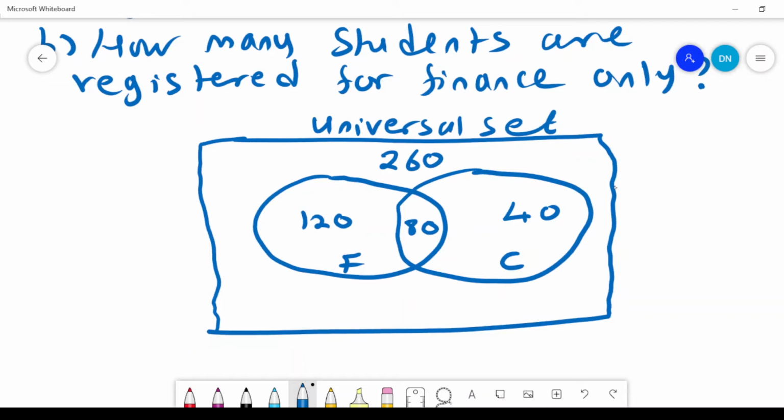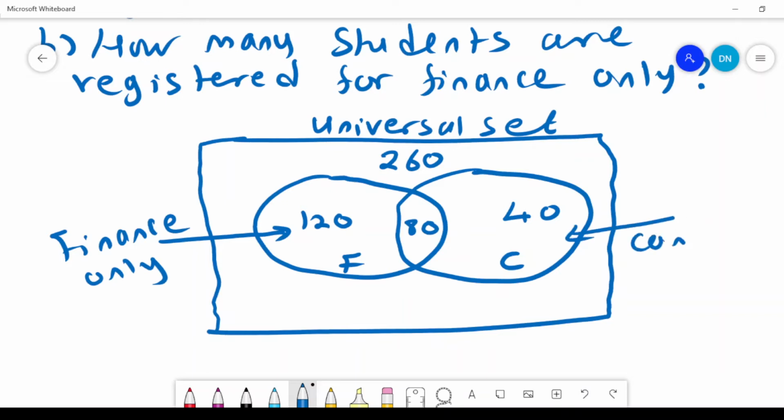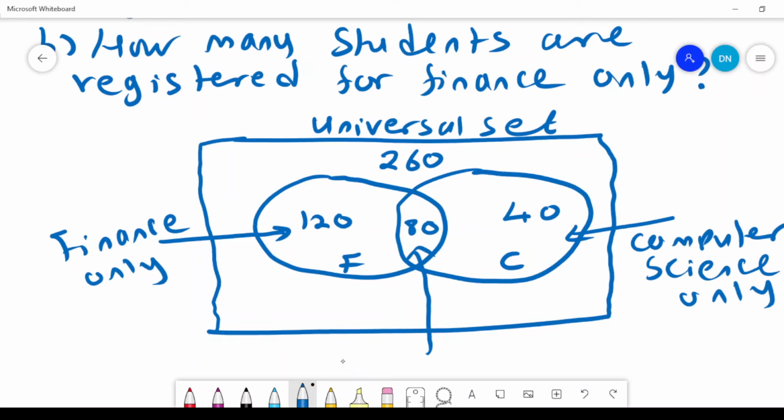What we want to keep in mind is this is finance only, this is computer science only, and this part is both computer science and finance.